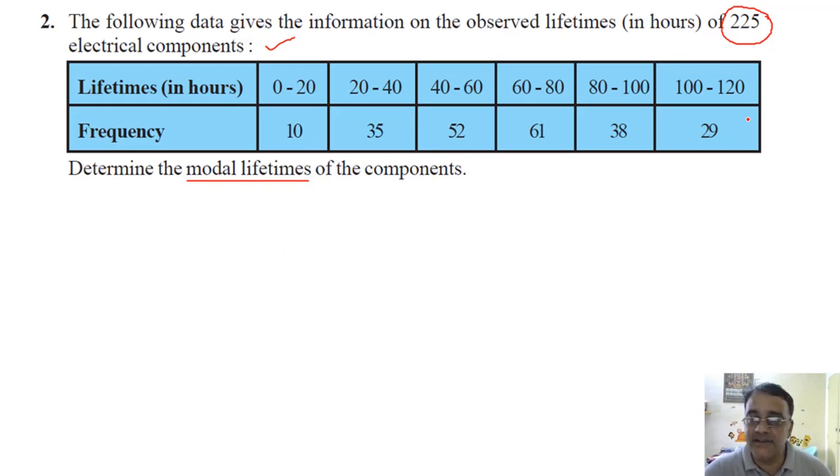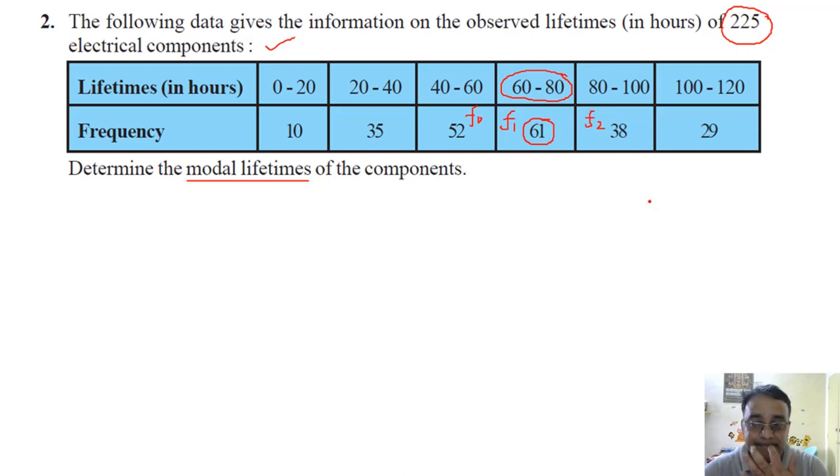So which is the highest frequency here? 61. And what is the modal class? 60 to 80. Right, so this is the modal class, and this is F1. What is F0? 52. Right. What is F2? 38. Okay.